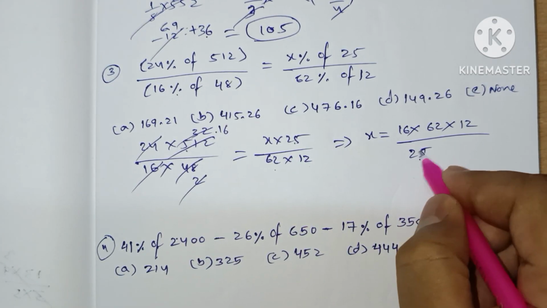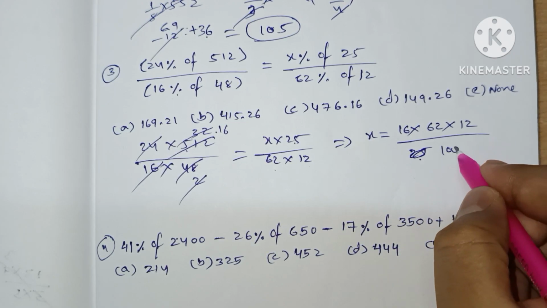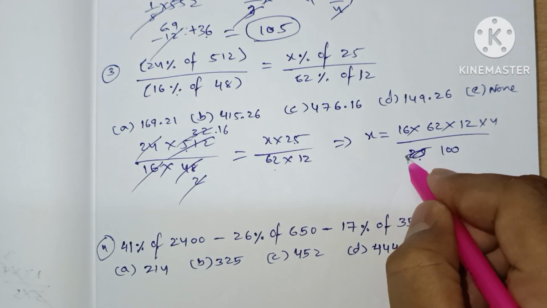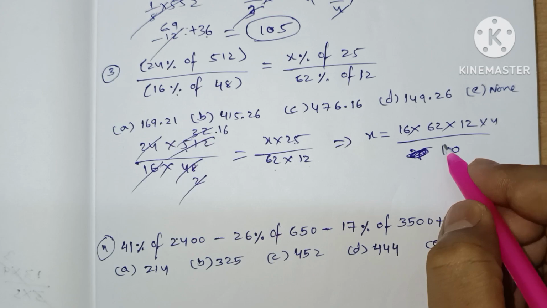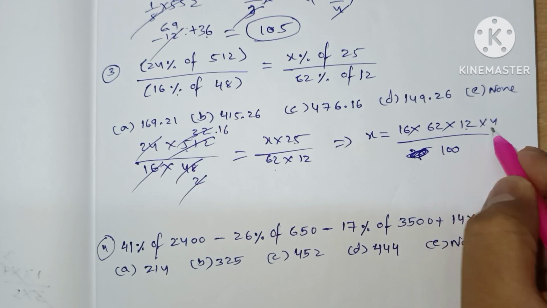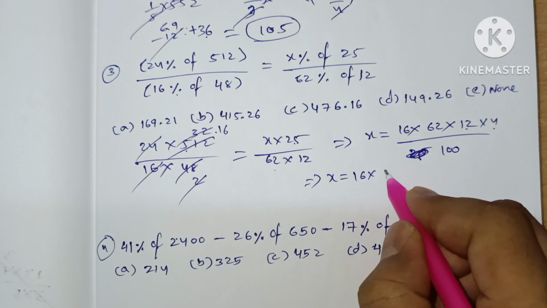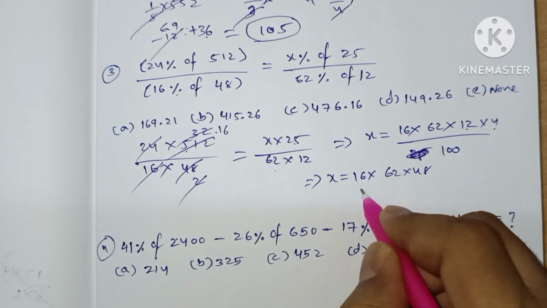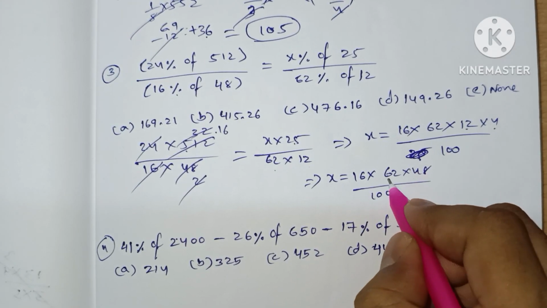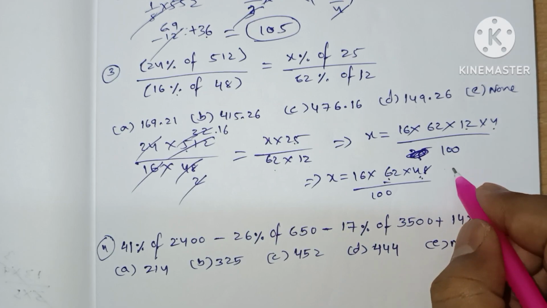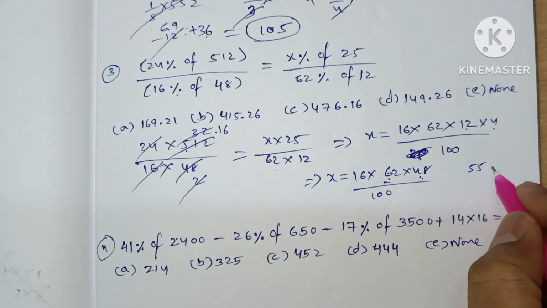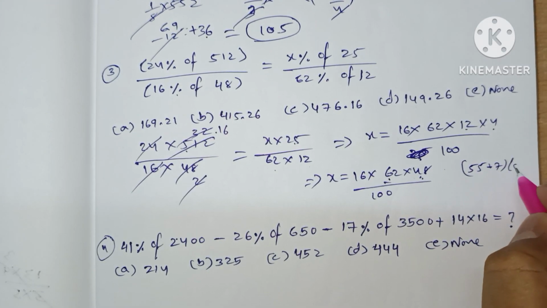Now instead of 25 we write 100 divided by 4, means 4 by 100, like this instead of 25. Now we have 12, 4 times 48, x equals to 16 into 62 into 48 by 100. This seems like 55 plus 7 and 55 minus 7.